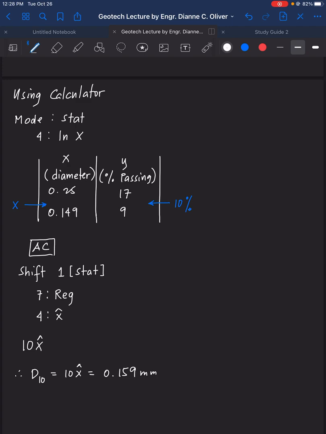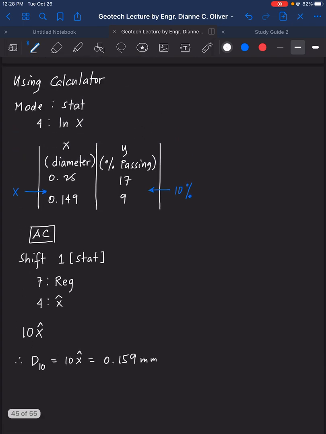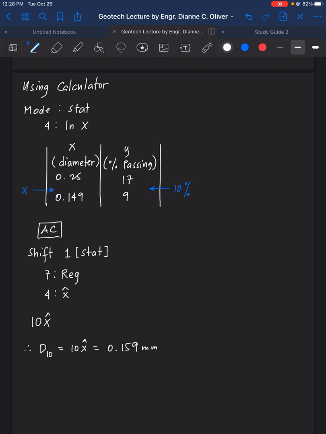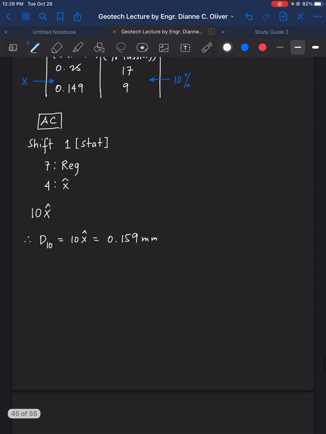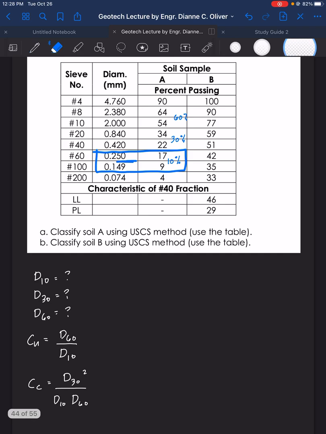So, looking for the values for D30 and D60, we will repeat the same procedure. Let's look for D30. So x and then y. For D30, let's concentrate here. D30 location is here.